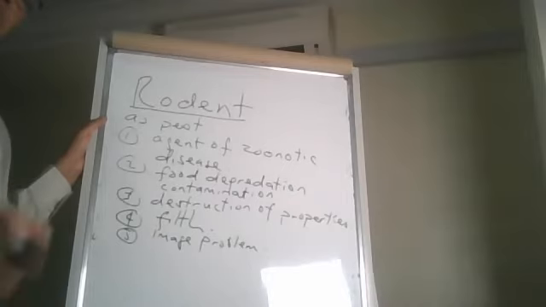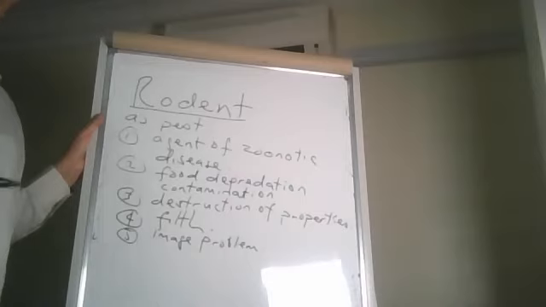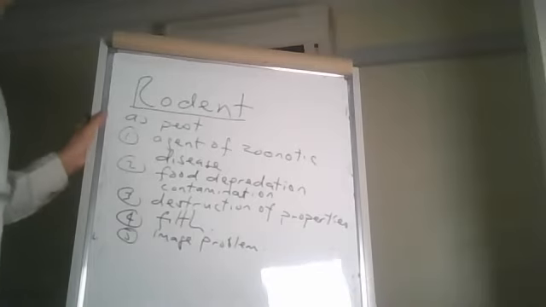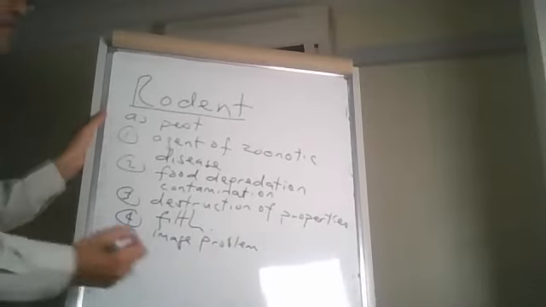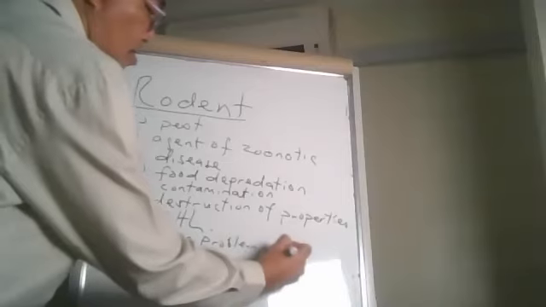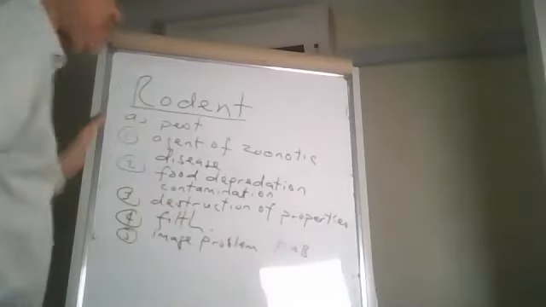Kalau ada tikus berlari-lari di bawah meja, definitely that will destroy or affect the image of that particular F&B outlet, food and beverage business.